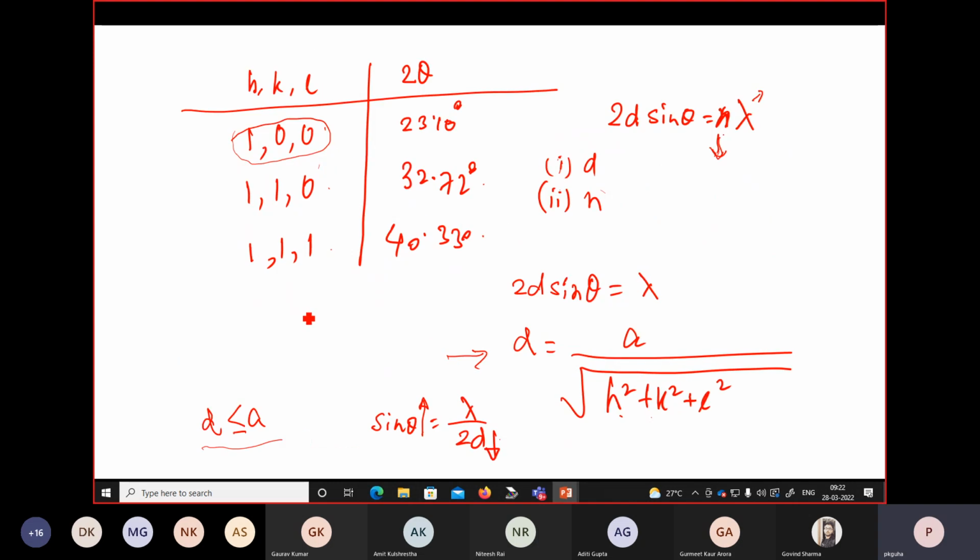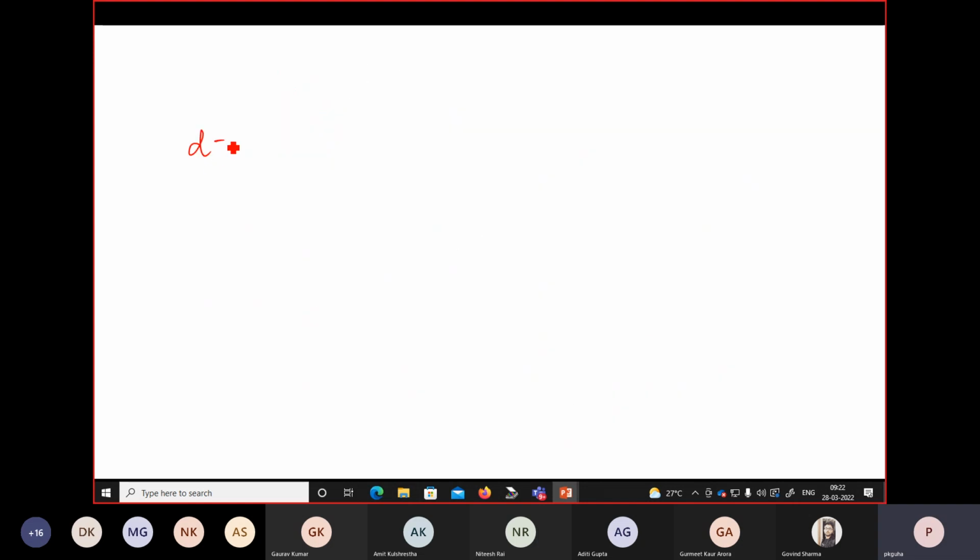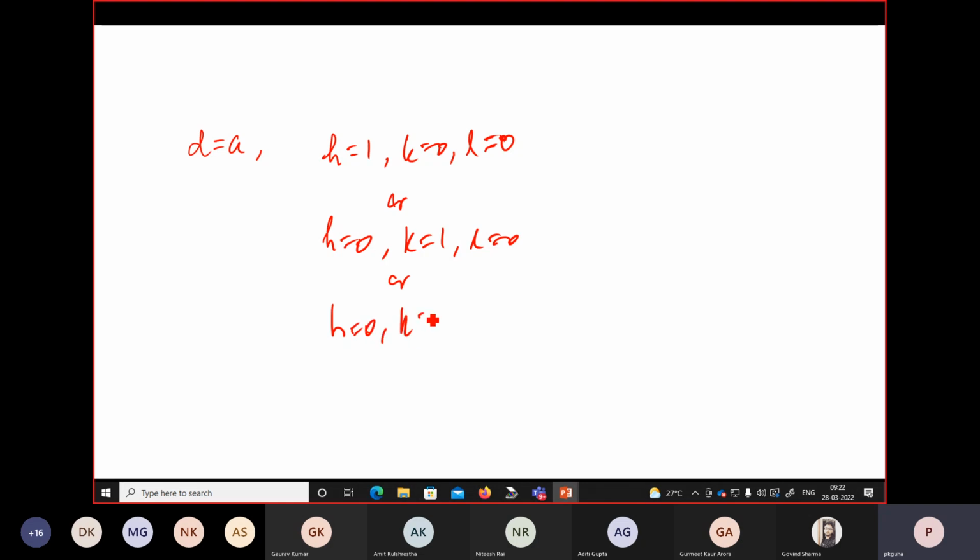And we know the lattice constant of a particular material. So if d equals a, that means h can be 1, k 0, l 0, or h equal to 0, k equal to 1, l equal to 0, or h equal to 0, k equal to 0, l equal to 1, one of these.